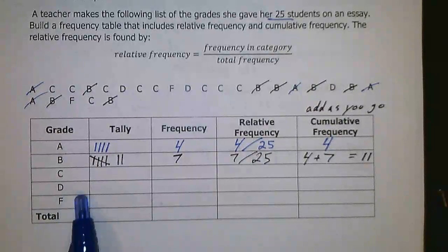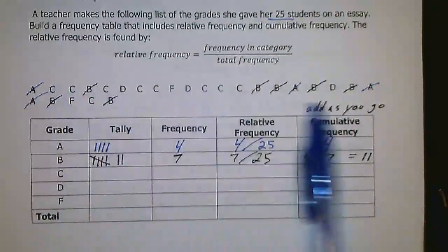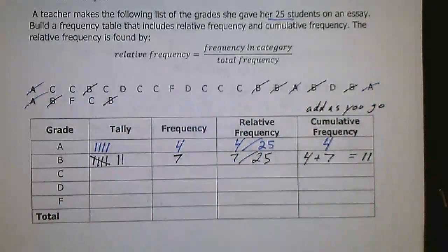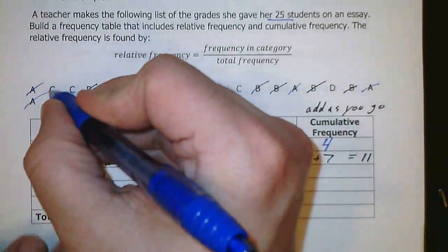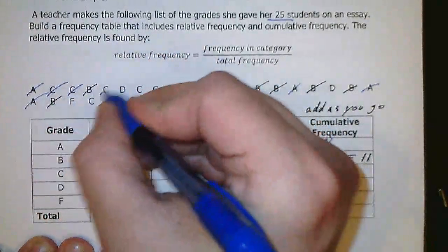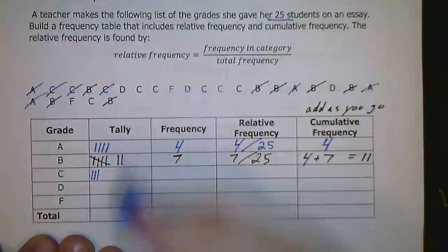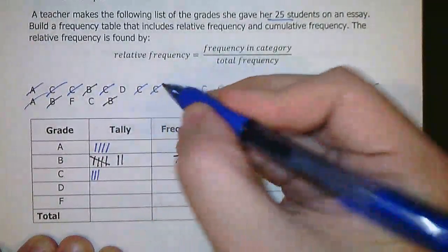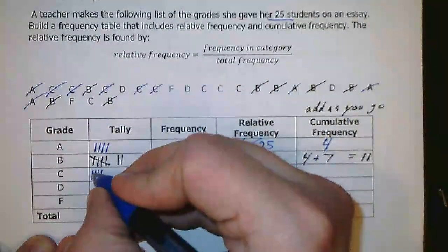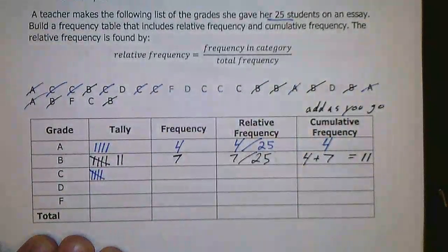How many students made C's? It looks like this is the highest or the most frequently occurring grade. So let's do 1, 2, 3 C's to start with. Here's a pair. So there's my 4th tally mark, and there's my diagonal 5.